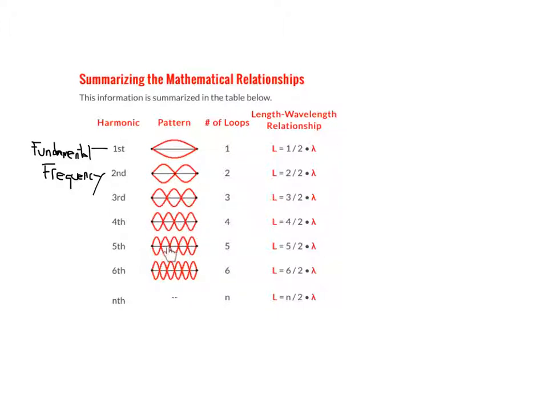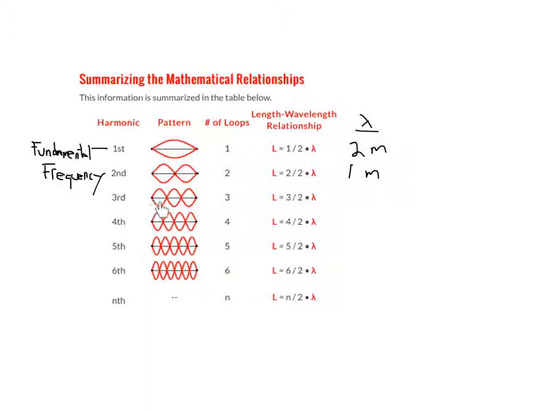We can use this math here: if the length of the rope is 1 meter long, and there's half a wave, then the wavelength of the first harmonic would be 2 meters long. We get to the second harmonic, and now a complete wave is on the 1 meter, so the length of that wave is 1 meter.